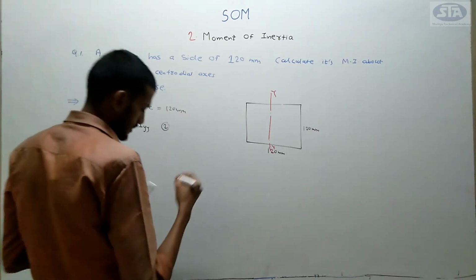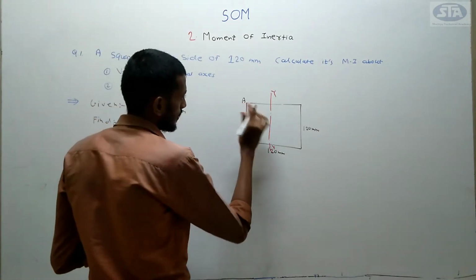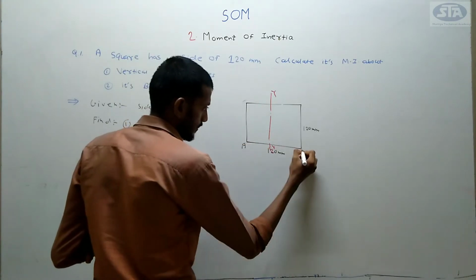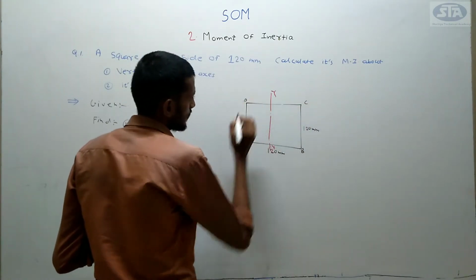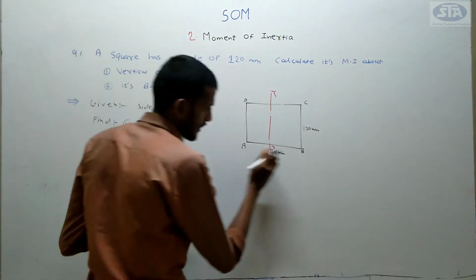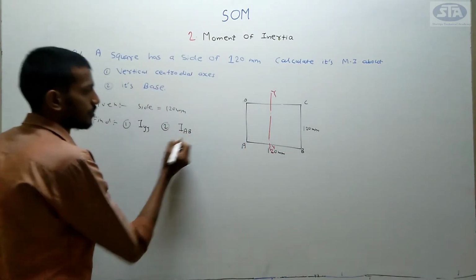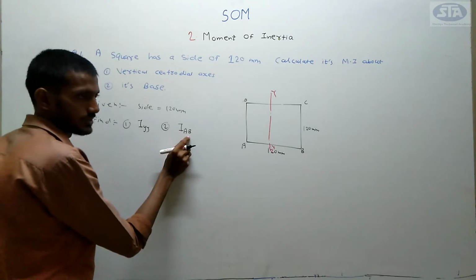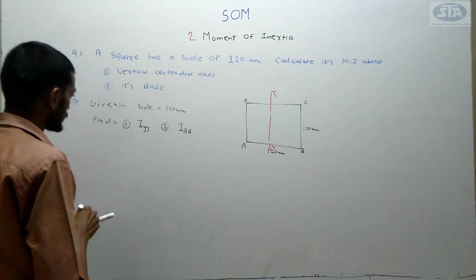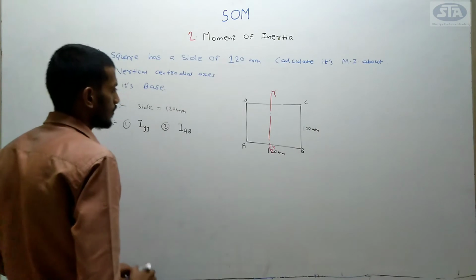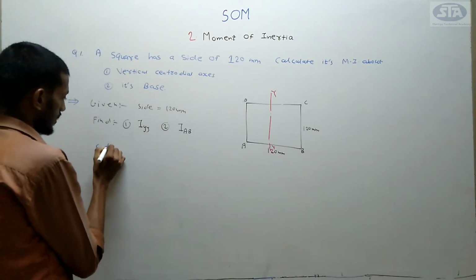So let us consider this square ABCD. तो ये स्क्वायर का बेस कौन है? ये ए बी है. तो दैट इज वी हैव टू फाइंड मोमेंट ऑफ इनर्शिया अबाउट इट्स बेस, दैट इज मोमेंट ऑफ इनर्शिया अबाउट इट्स ए बी. सो नाउ फर्स्ट ऑफ ऑल वी नो द डायरेक्ट फॉर्मूला मोमेंट ऑफ इनर्शिया अबाउट vertical axis.